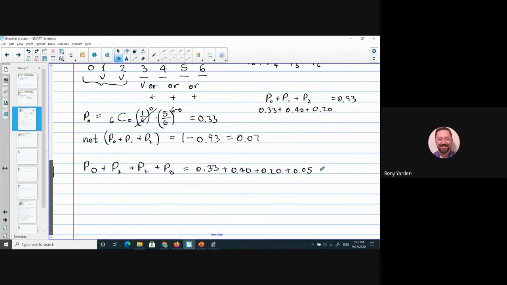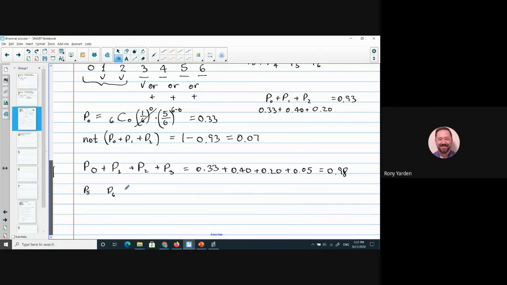And we're getting to 0.98. We see that it's a very high probability, 0.98, that it will show the number 6 at most 3 times. It's a very high probability. It means that P5 and P6 have to be very, very small numbers.